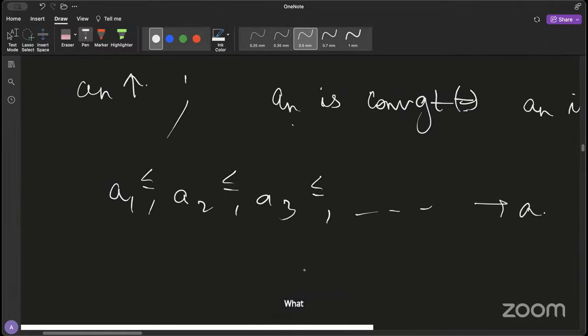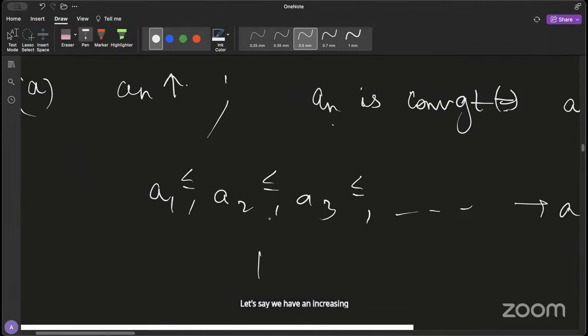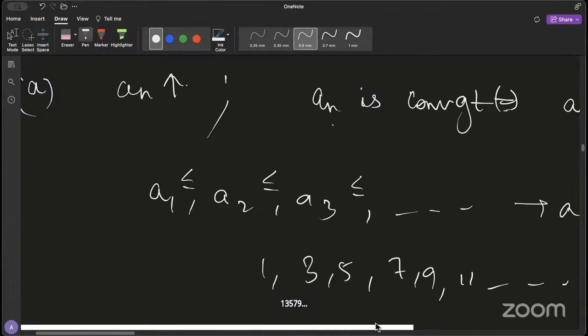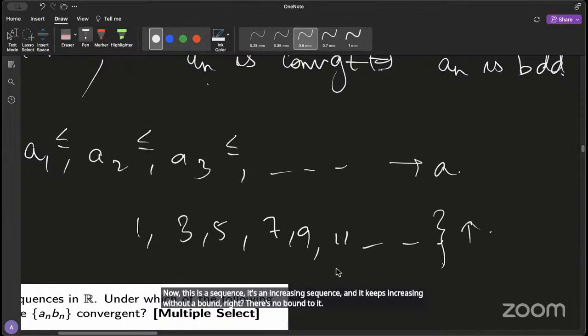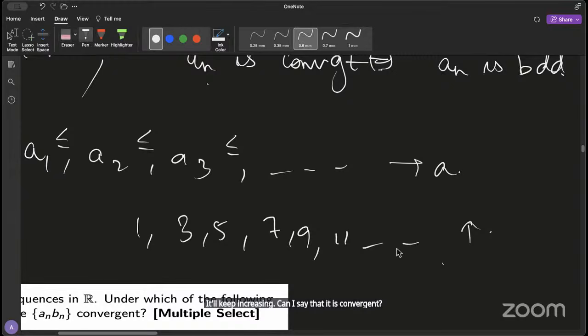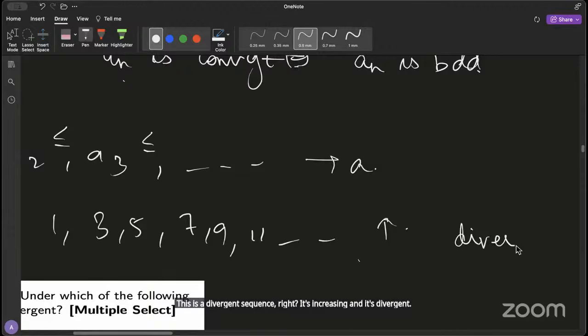Let's say we have an increasing sequence that keeps increasing without a bound, like 1, 3, 5, 7, 9, 11. There's no bound to it. It'll keep increasing. Can I say that it is convergent? This is a divergent sequence, right? It's increasing and it's divergent.